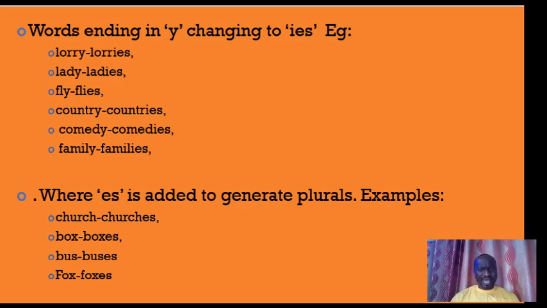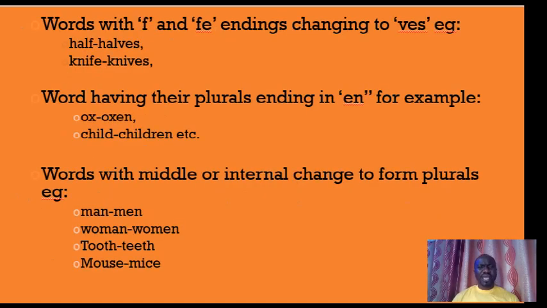Two, where es is added to generate plural. Example, we have church, churches. We have box, boxes. We have bus, buses. We have fox, foxes. Words with f and fe ending change to ves.